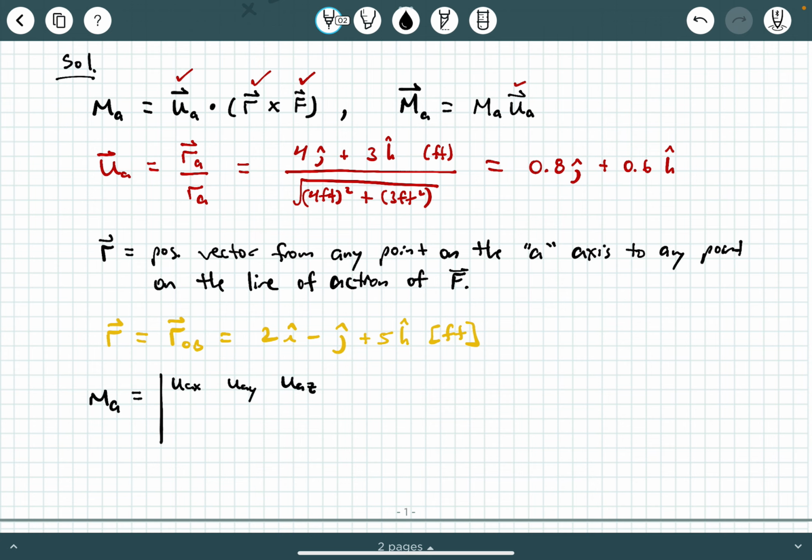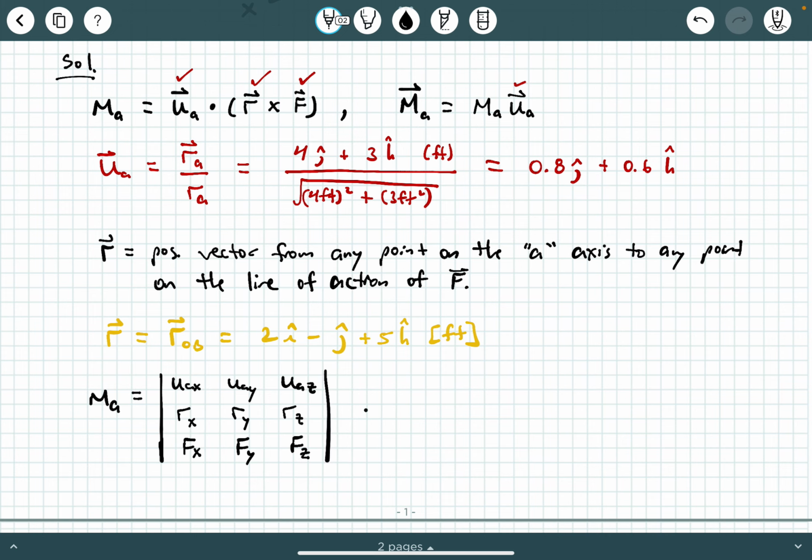The second row are the components of R, so r_x, r_y, r_z. And remember, these R components, that's of the r_OB that we just got. And then the third row is going to be F_x, F_y, F_z.